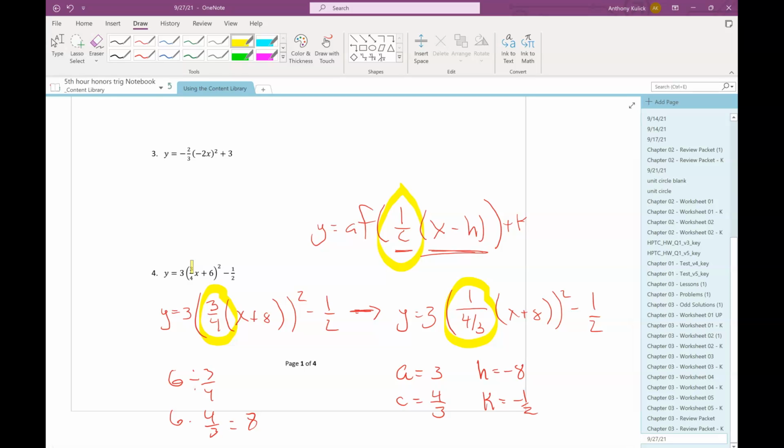So 1 over 4/3 is 3/4. But the c value is the 4/3. Right? The c is always going to be the reciprocal of that coefficient. Because that's the way it's written here. The coefficient is 1 over c. So c is the reciprocal of the coefficient.